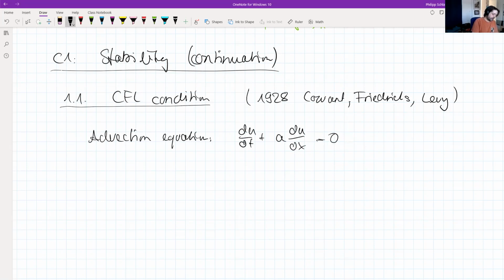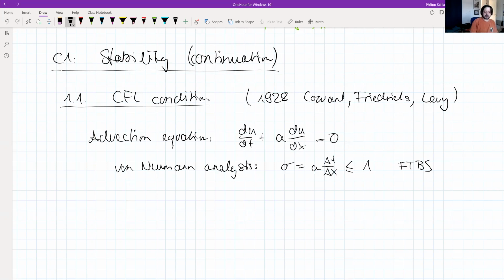And as you remember, the von Neumann analysis, which was a necessary and sufficient condition, gave us that sigma, defined as a times delta t divided by delta x, should be lower or equal to 1 if I'm using the forward time backward space scheme.